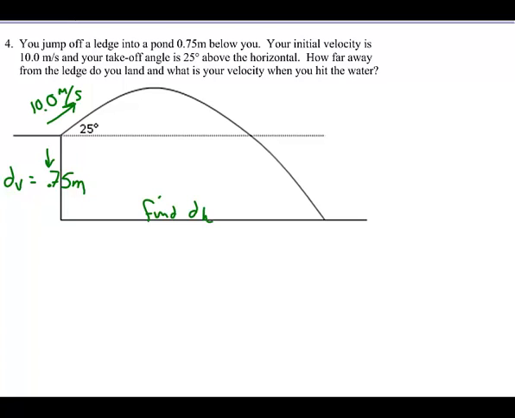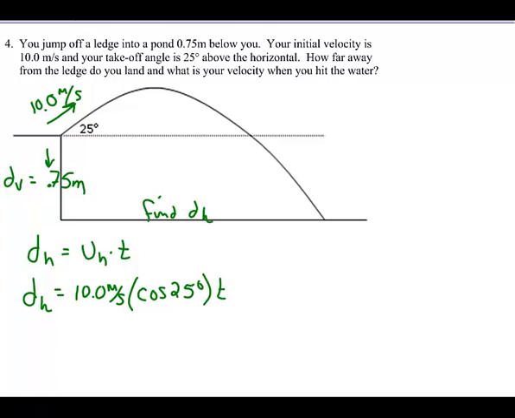Well, let's start with our dV and our dH equations. dH equals horizontal velocity, so that's 10 meters per second, times the cosine of my angle, times time. Two unknowns. Can't go much farther that way. dV: okay, my dV is 0.75 meters down.